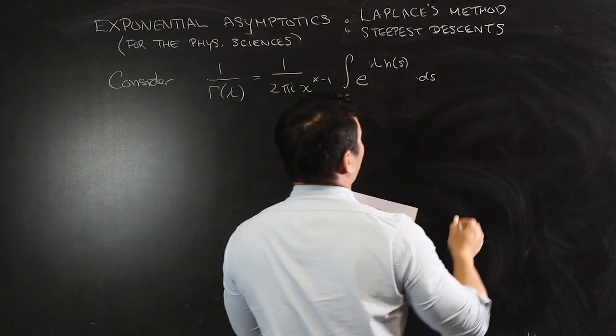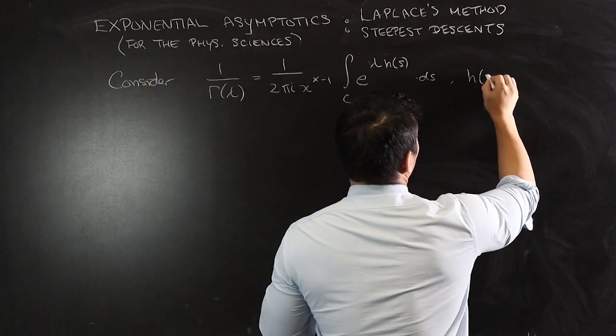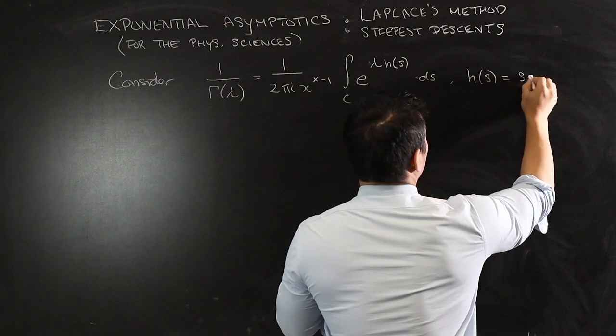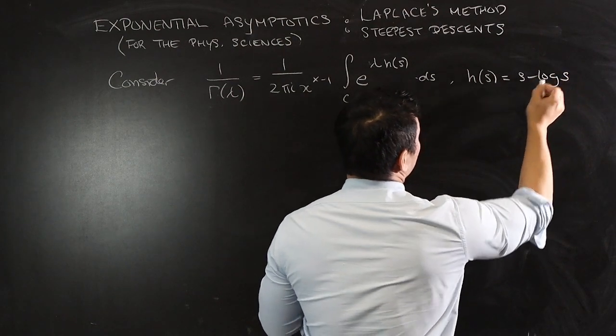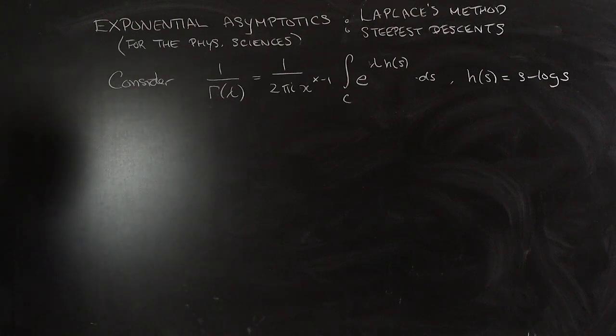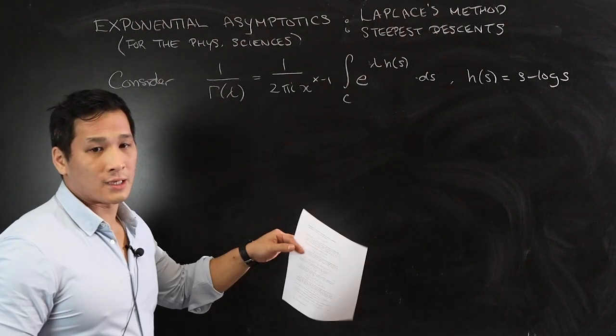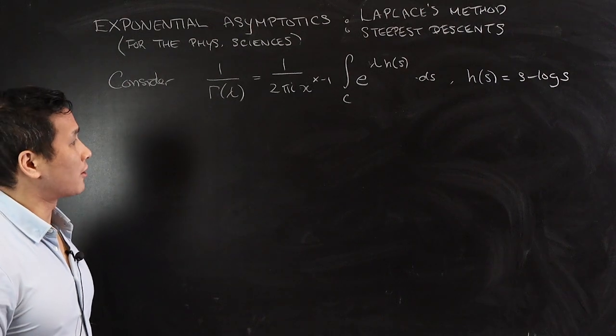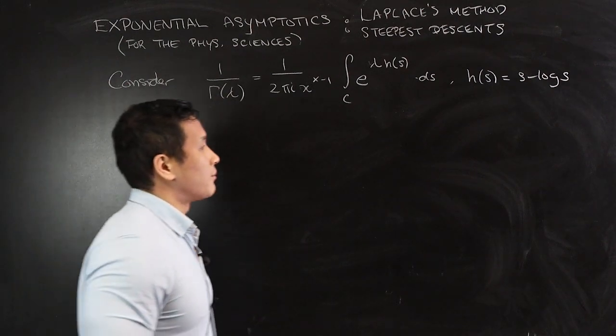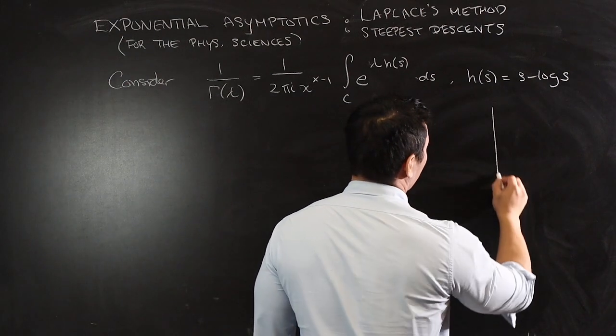Okay, and this h of s is s minus log s. Looks very familiar to the example we did before. The difference is that this contour C is no longer going to be along the real axis, but this contour C is what's called the Hankel contour.